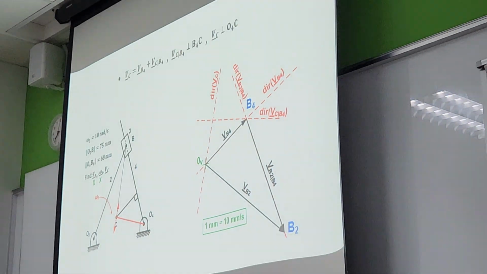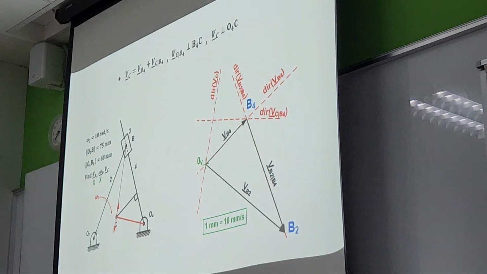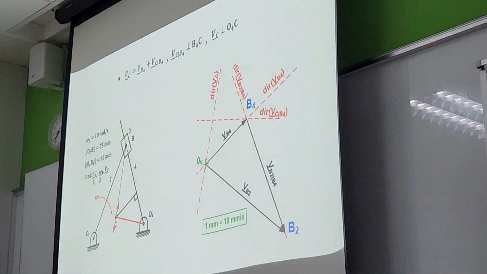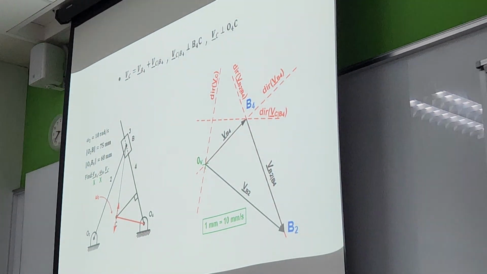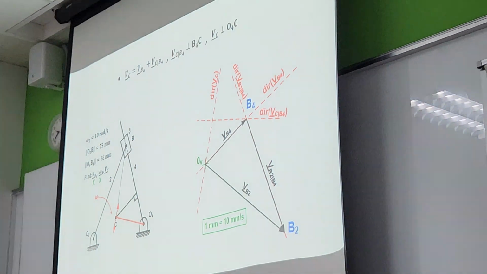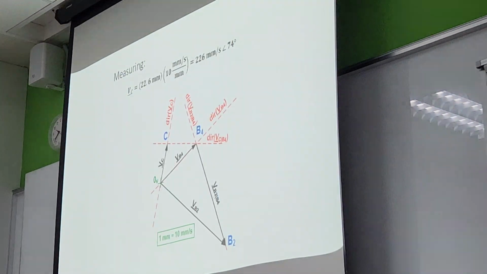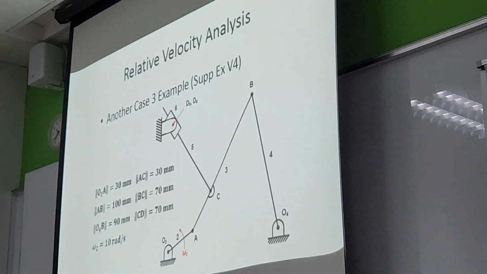He will be guiding you on a 6-bar linkage mechanism, very similar to the questions that will be asked in the exam. So just don't miss the pre-exam. All right. So this is about the velocity analysis.